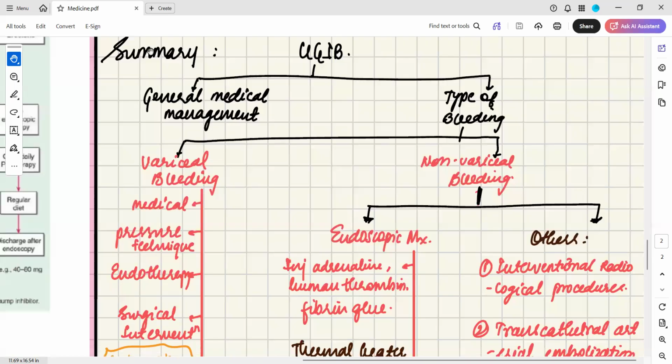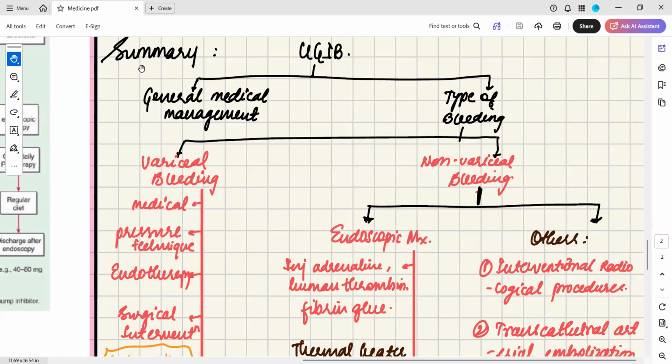Then we use human thrombin or fibrin glue. Then we do thermal heat coagulation, and then we clip the bleeding vessels with the help of hemostatic clips. Otherwise, we can go for interventional radiological procedures, transcatheter arterial embolization, or exploratory laparotomy.